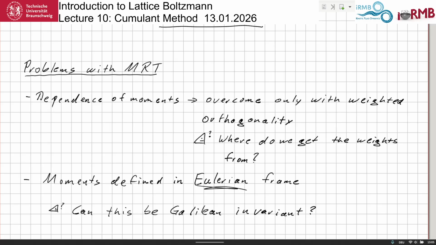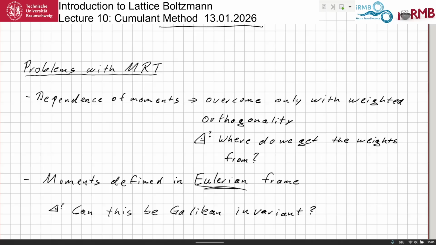In numerics in principle, but in Lattice Boltzmann in particular, we care a lot about Galilean invariance. I think we have not discussed this to much extent here, not at all, right?